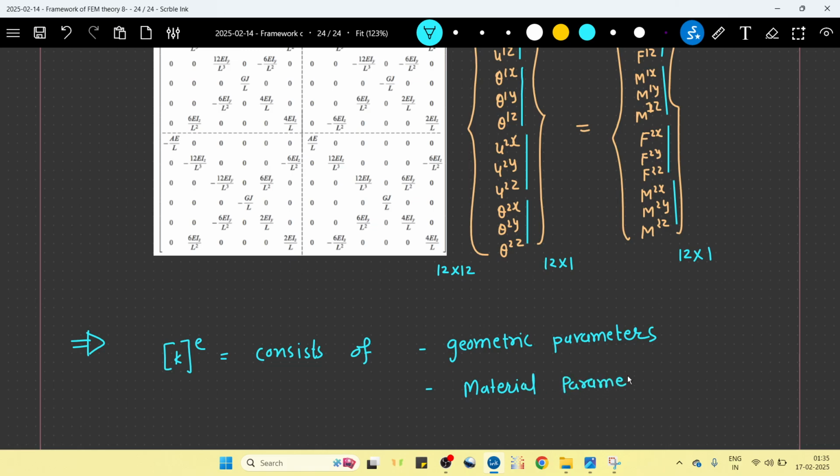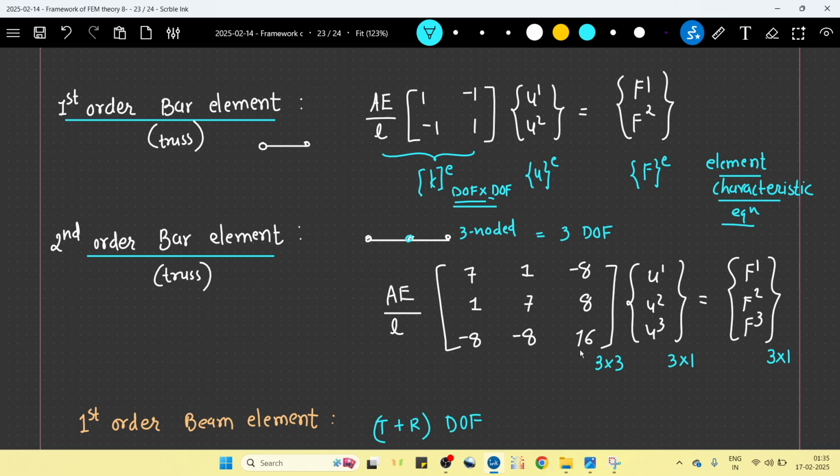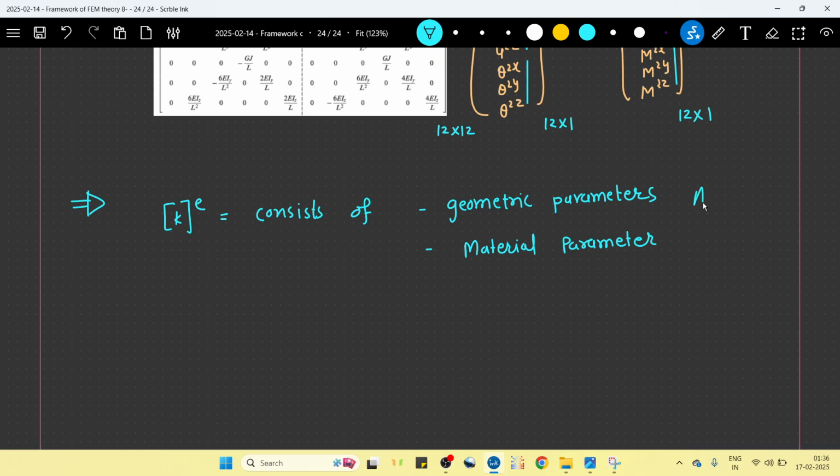If you take a 1D bar element, this one, AE by L, the geometric parameters are A and L. Similarly, the material parameter is E. So we can say the stiffness matrix for the element is nothing but geometric stiffness plus material stiffness.